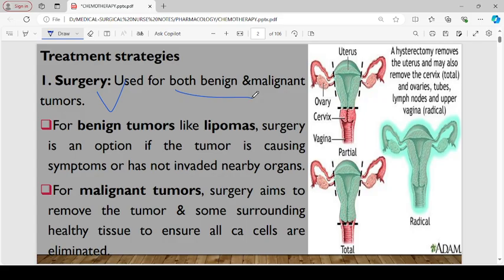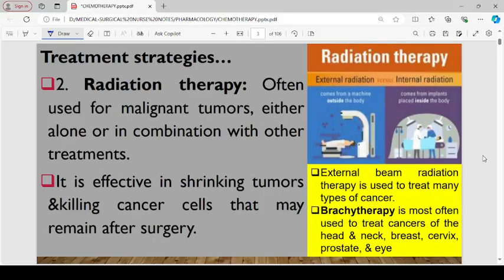For malignant tumors, surgery aims to remove the tumor itself and some of the surrounding healthy tissues just to ensure that all cancer cells have been eliminated. We also have types of surgeries like cryotherapy or hysterectomy in some cases, which can be used to manage different types of tumors.